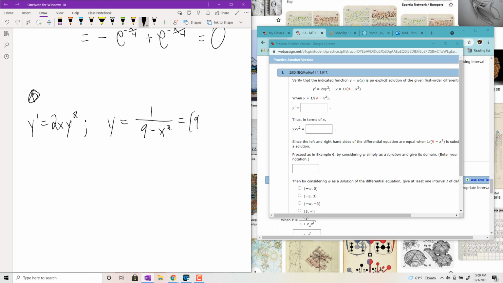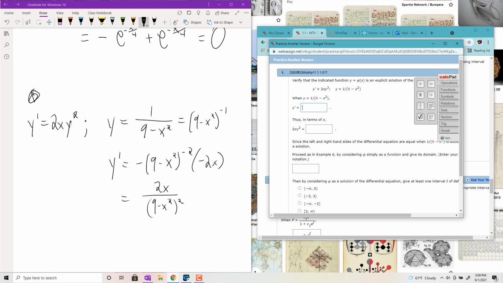So you can rewrite this as 9 minus x squared to the negative 1. Y prime is negative 9 minus x squared to the negative 2 times, use chain rule now, negative 2x, rewrite it a little bit, so it's 2x all over 9 minus x squared, squared. Plop that in.